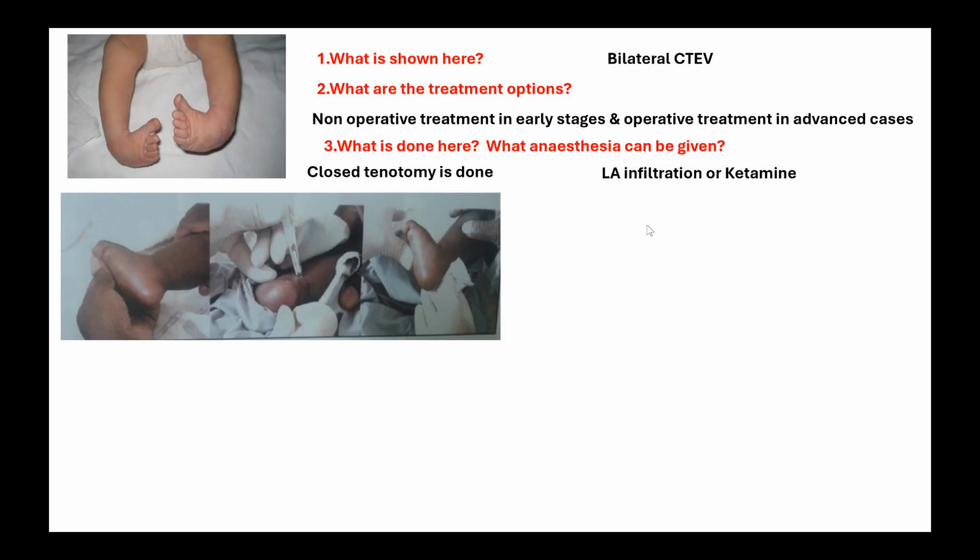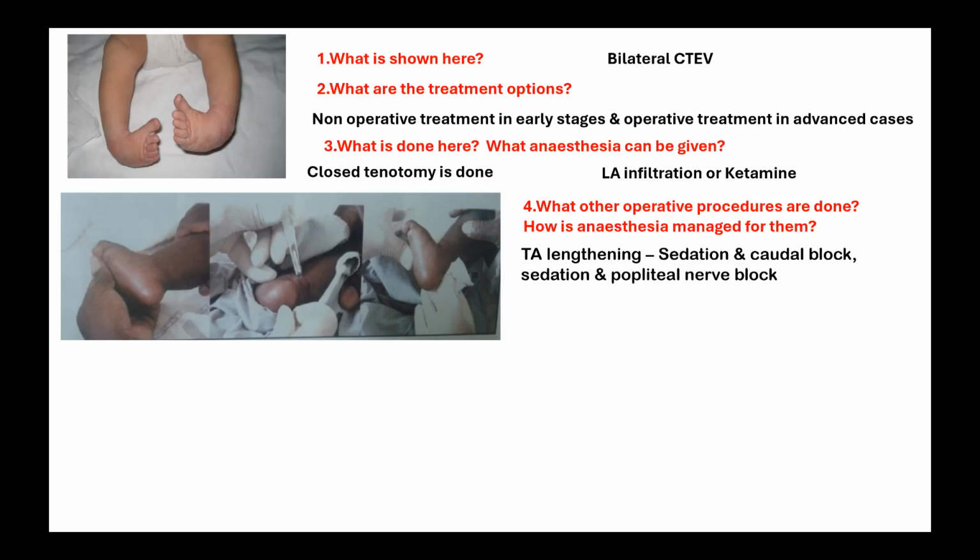You can do it under local infiltration or under anesthesia. Other operative procedures are TA lengthening, which can be done with sedation and caudal block, or sedation and popliteal nerve block, or extensive soft tissue release you can do under GA with LMA or ET tube and caudal and nerve block.